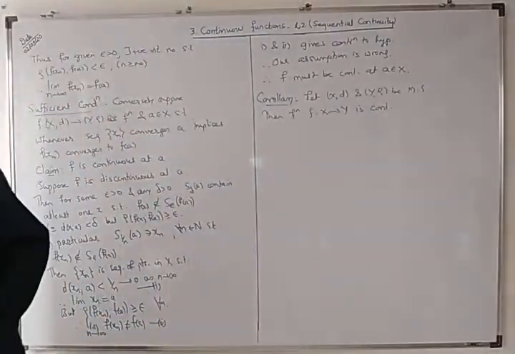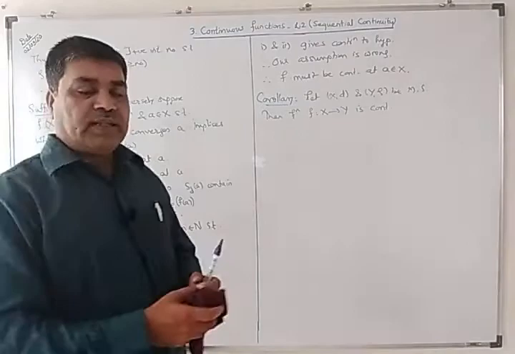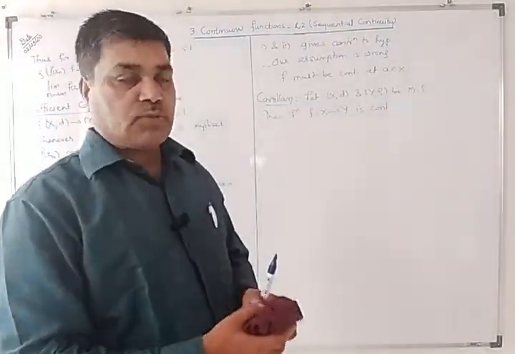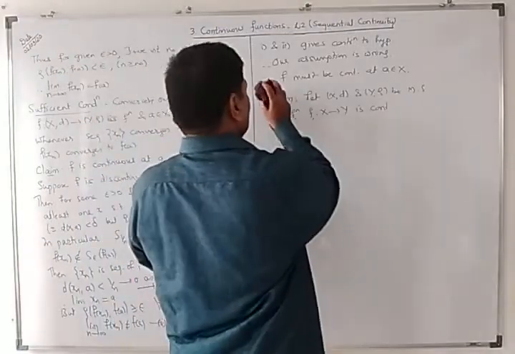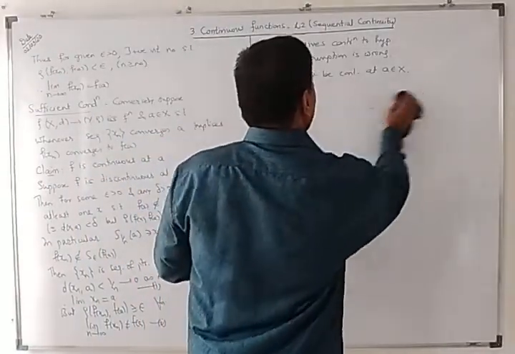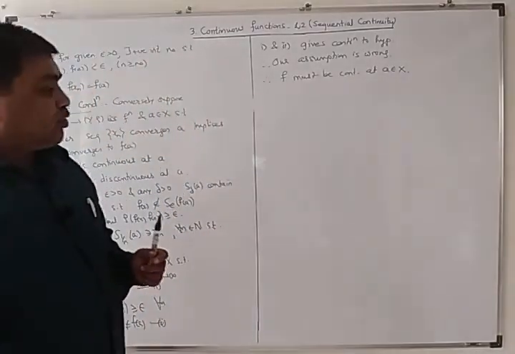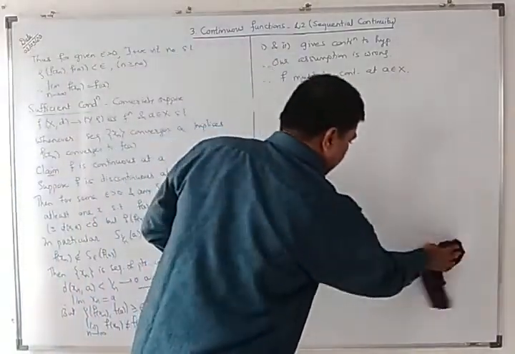And then by sequential continuity, for every point x, whenever the sequence xn converges to x, f of xn must converge to f of x. So that is our corollary. But I think it is not necessary. It is just an immediate consequence of the definition of continuity on the whole metric space.